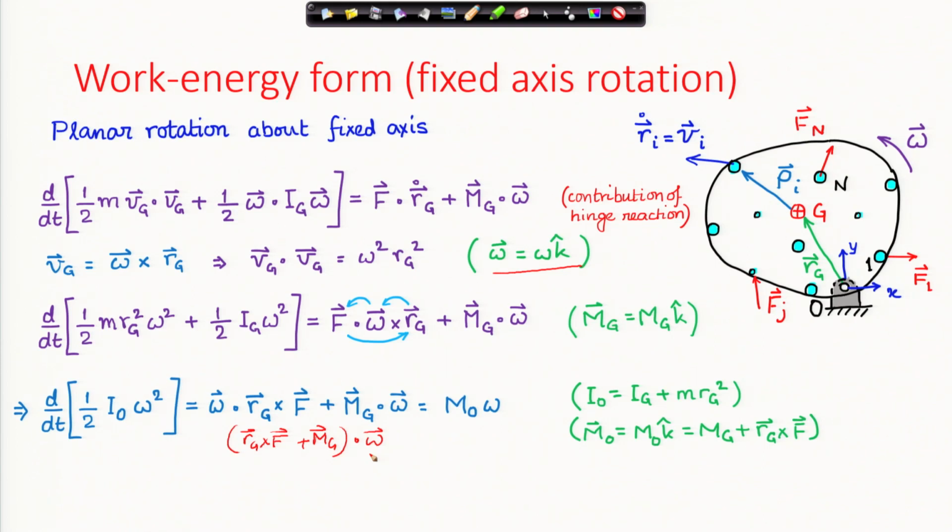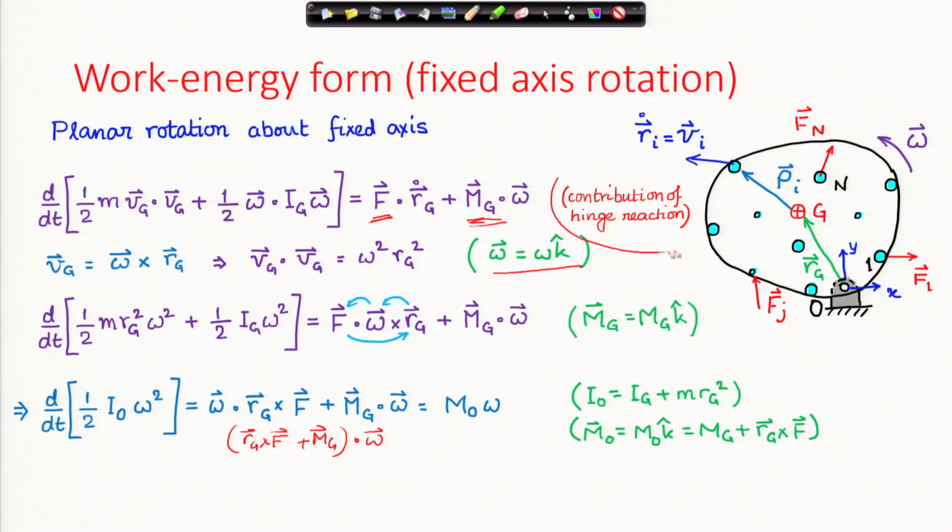You should note one thing in this expression and also here: the net force at the center of mass includes the hinge reaction forces. Similarly, the moment at the center of mass because of all forces will include the moment because of the hinge reaction forces.